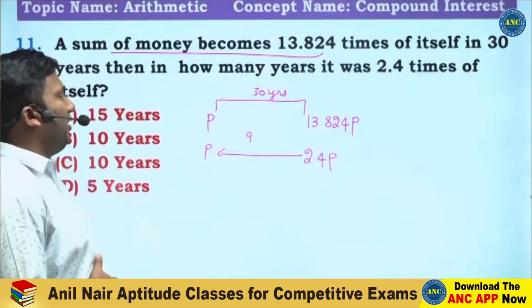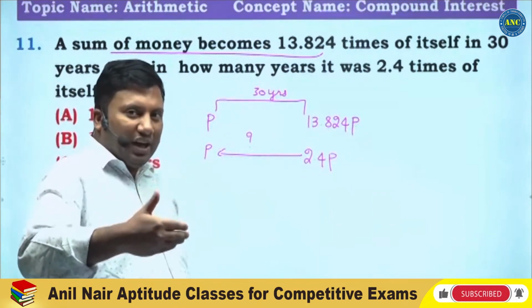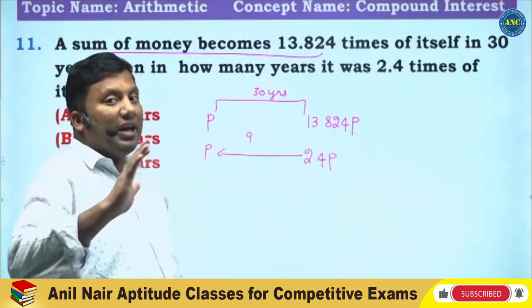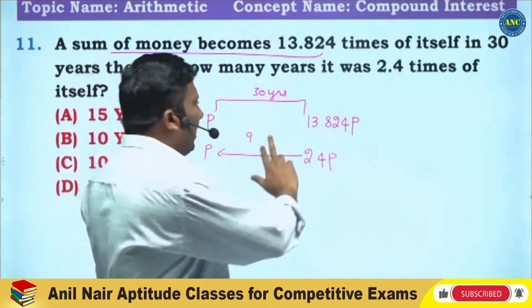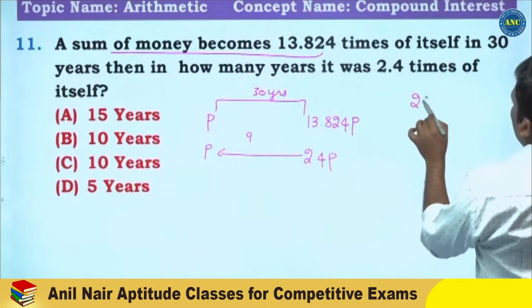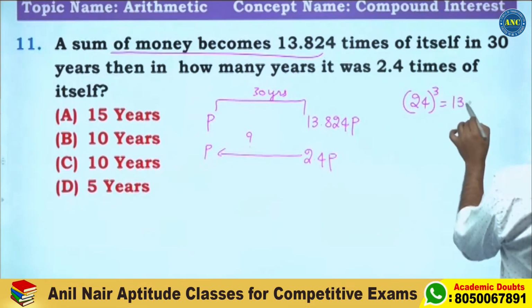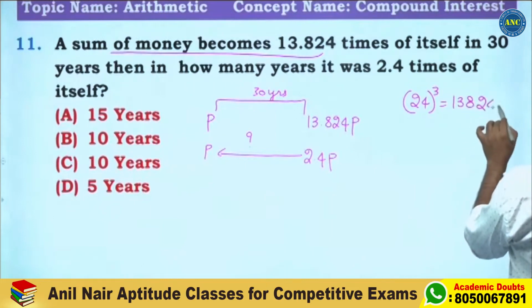The first observation: for every certain period of time, the multiplication factor remains the same. Let me see 13.824. Now if you observe closely, 2.4 whole cube is 13.824.